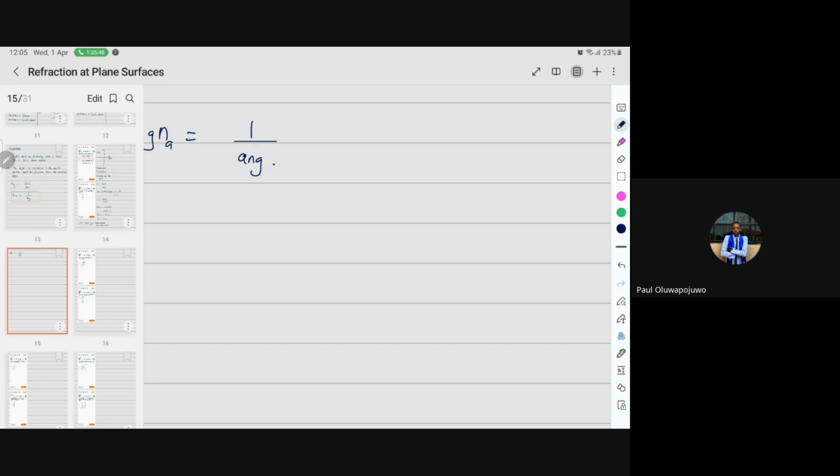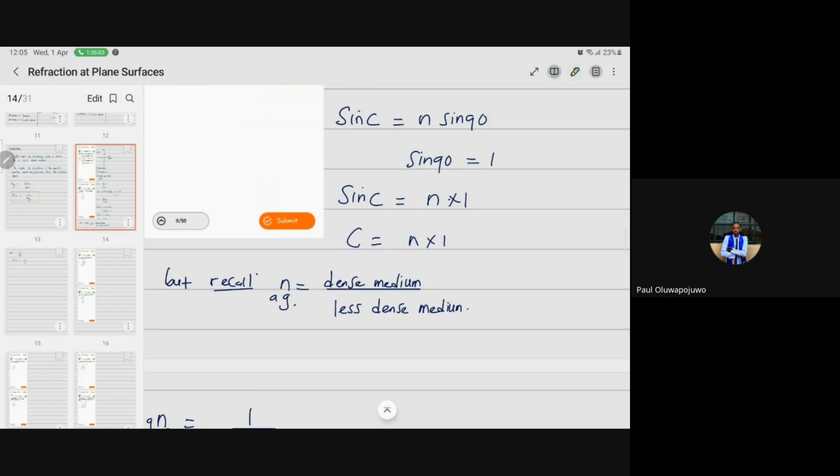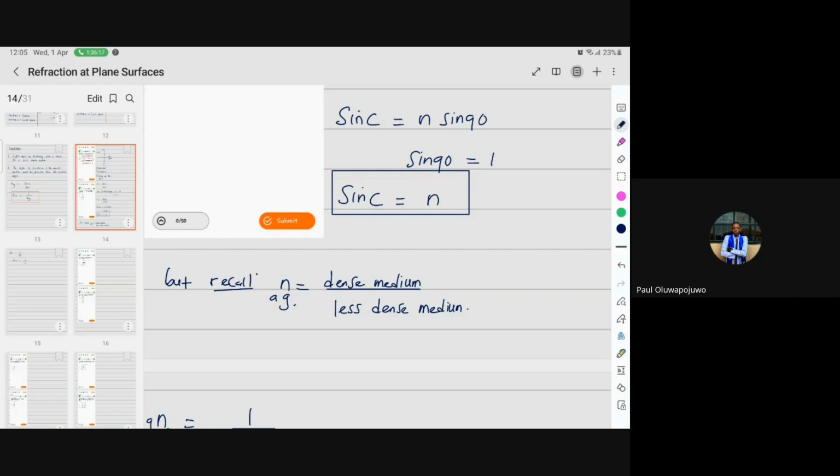Do you understand what I'm trying to do now? So therefore, sine C will now be equal to 1 over N. Because remember, sine C will be equal to N for a normal traveling, from air to glass. But now, when you are traveling from a denser medium to a less dense medium, you now invert it.